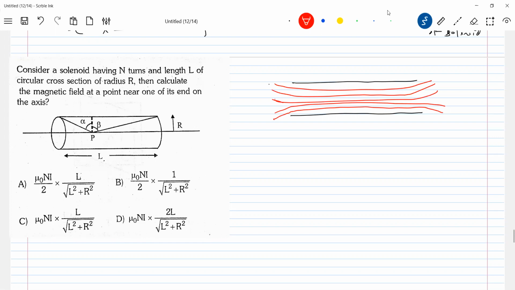So in this region, the field will be constant. So these are the lengths. This is the lines of force. We'll take it here, and the current will be into the plane. These will be the lines of force.